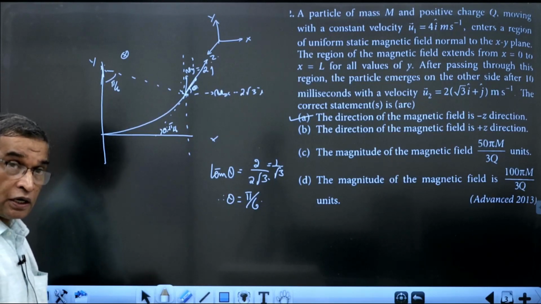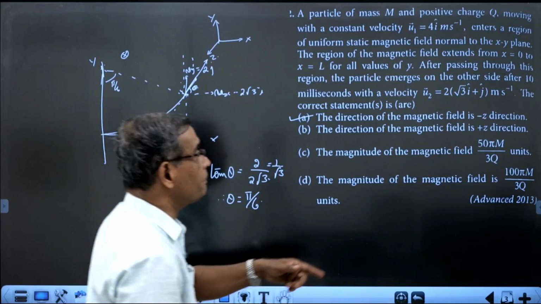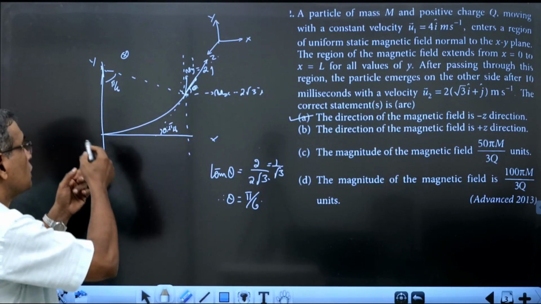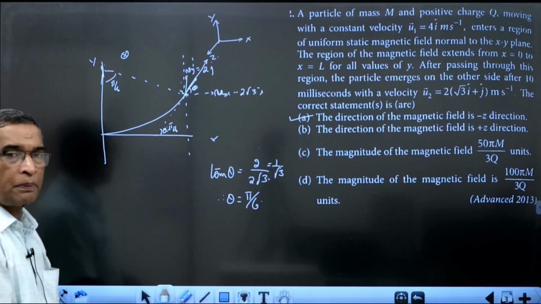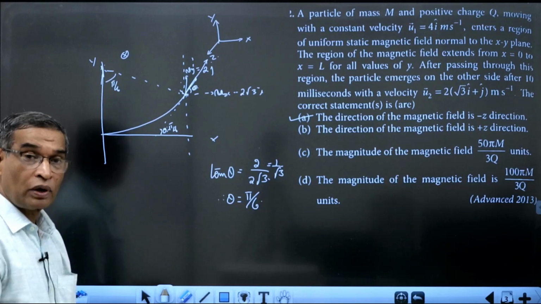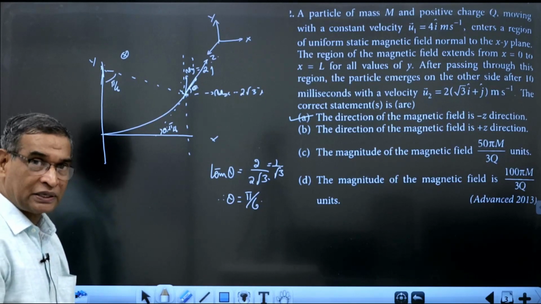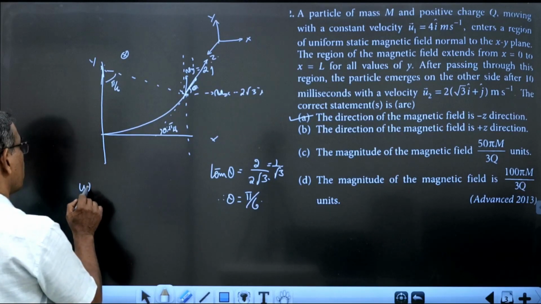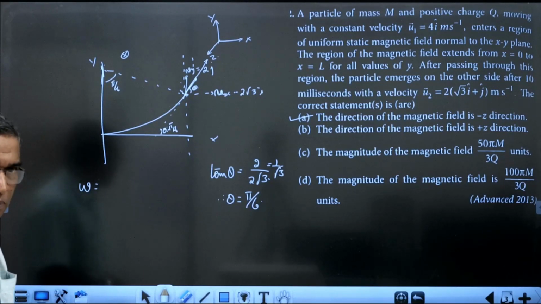Therefore, our particle during the time given in the problem, that is 10 milliseconds, has turned through an angle pi by 6. Therefore, you can calculate the average angular speed of that particle. Angular speed omega is given by angle by time.